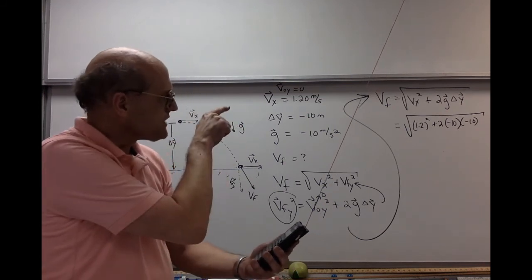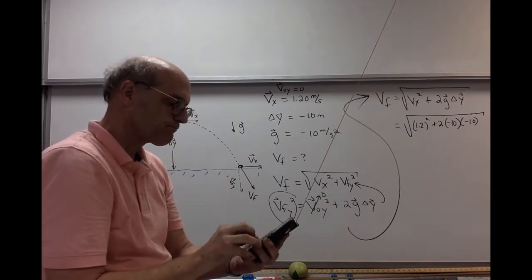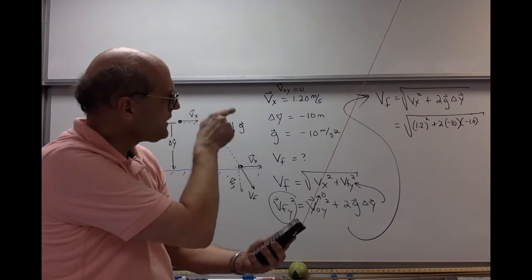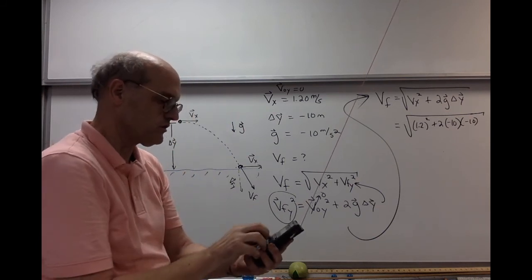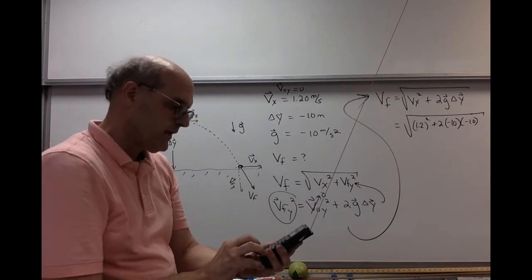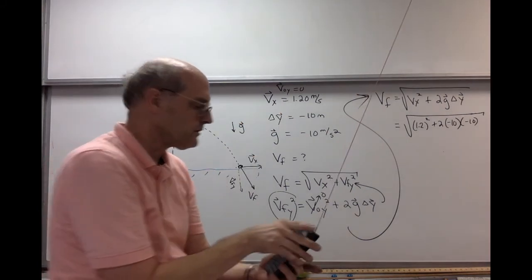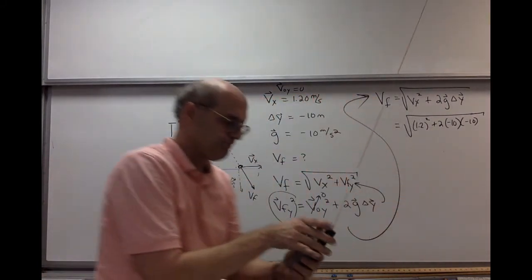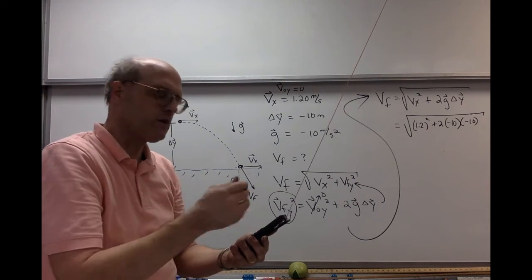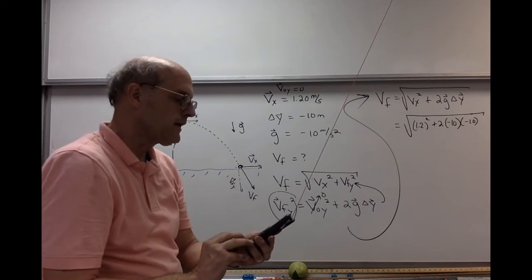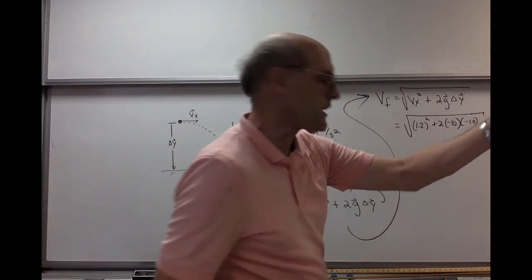So I just took 10 times 10 times 2, 200, and I'm going to now square 1.2, 1.44, add that to 200, take the square root, and I get 14 meters per second.